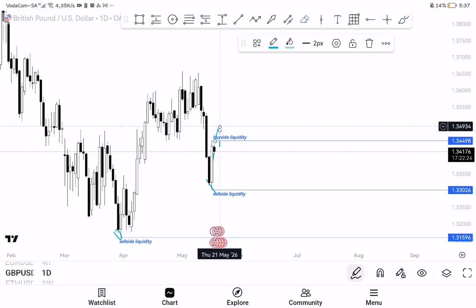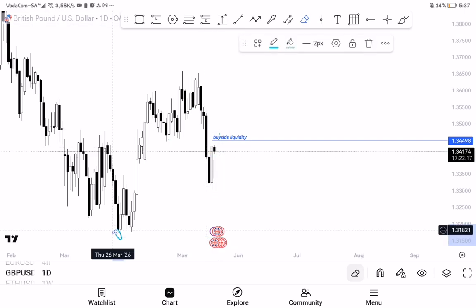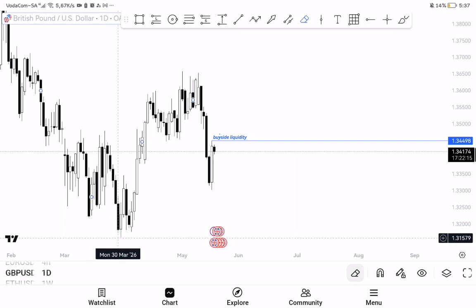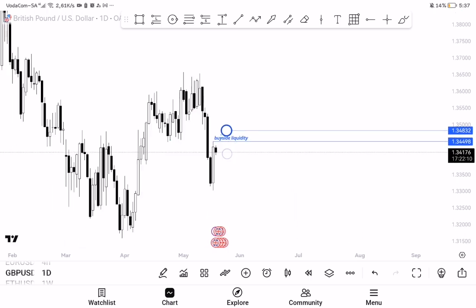That's what I'm going to be looking for actually on GBPUSD.